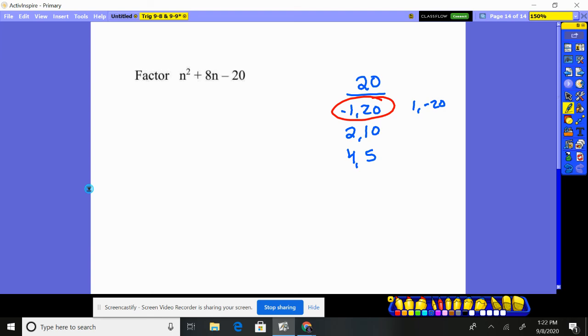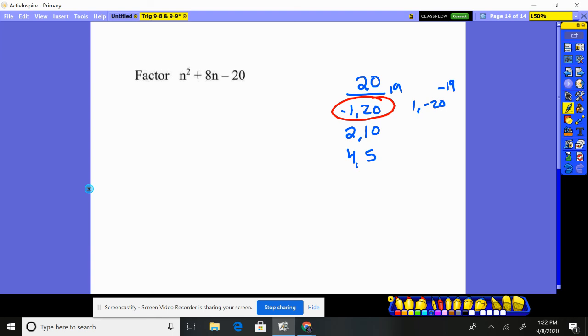Okay, I should have gone through that a little bit slower. Now that would have created, in this case, a positive 19, and here it would have created a negative 19. That's what I mean by saying it's going to create a positive or negative. Okay, I was a little fast there, sorry.